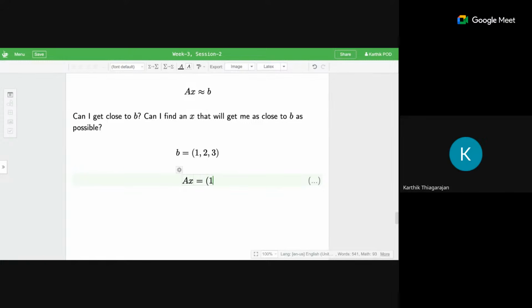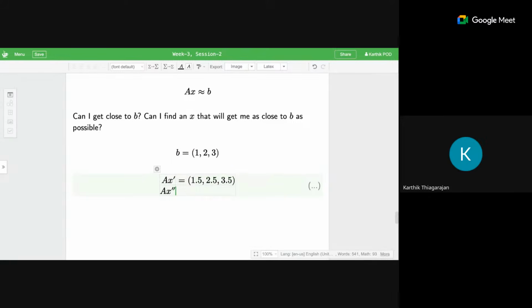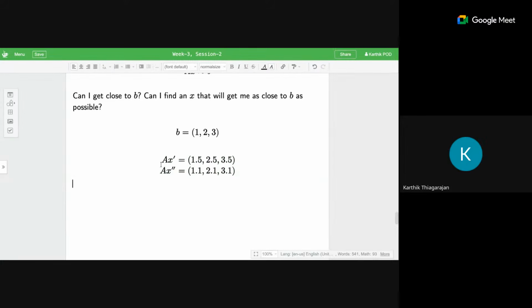In one case, this is say 1.5, 2.5, 3.5, which is Ax prime, and you have Ax double prime, another approximation, which is 1.1, 2.1, 3.1. It should be clear to you that one of these is better than the other. Which one is better? The second one, right?